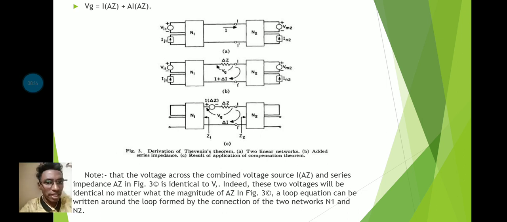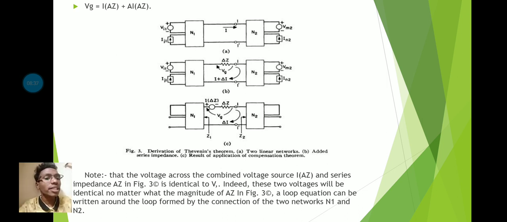Here you can see that A is the two linear networks and B is the added series impedance. C is a result of application of the compensation theorem. Note that the voltage across the combined voltage source ΔI ΔZ and series impedance ΔZ in fig 3c is identical to Vq.